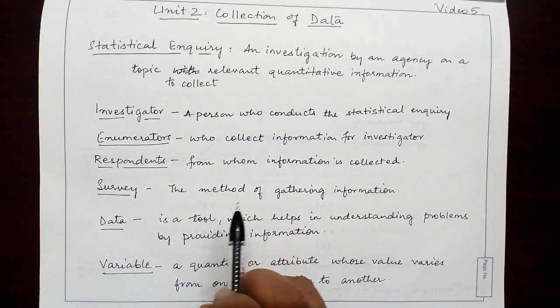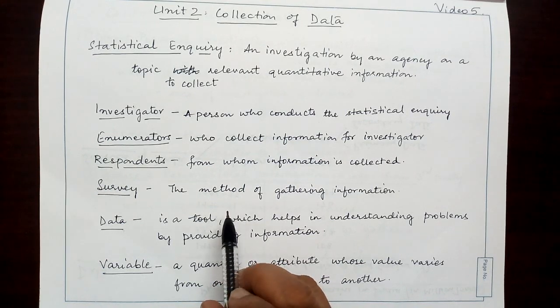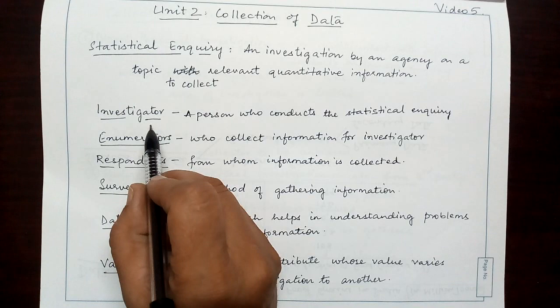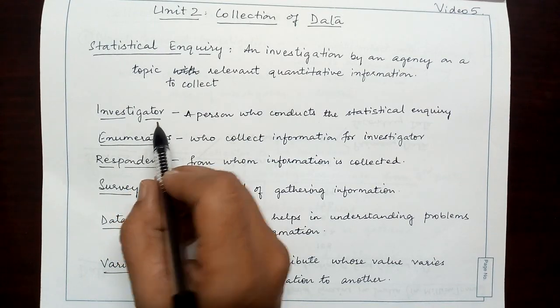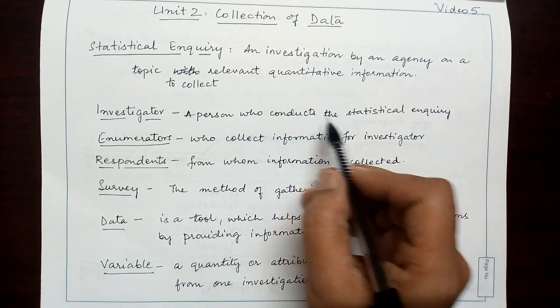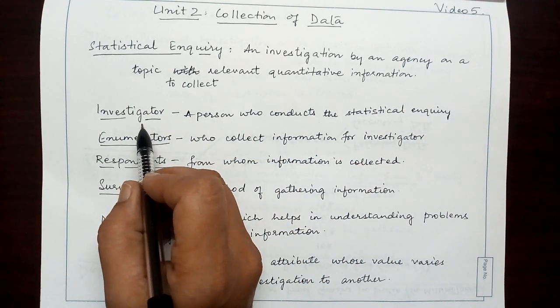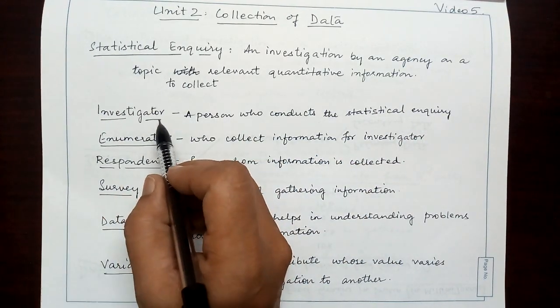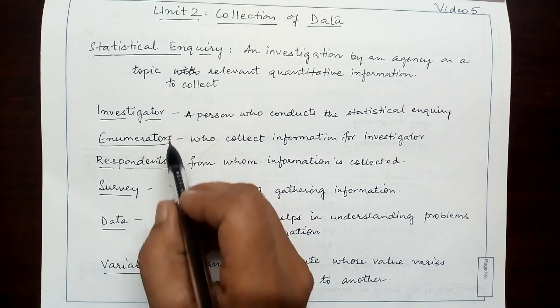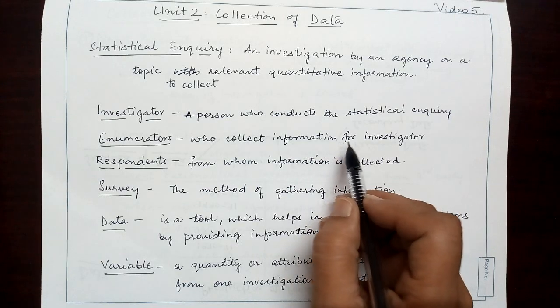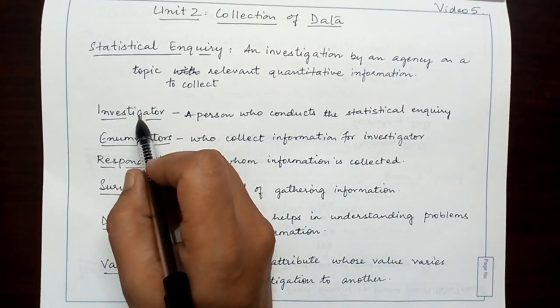How is the statistical enquiry made, and who are the players involved in it? The first is an investigator, a person who conducts the statistical enquiry. He is called the investigator. The investigator will employ some enumerators under him who collect information for the investigator.